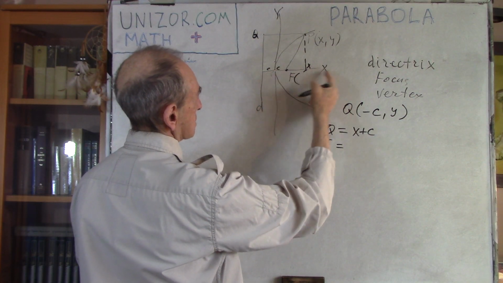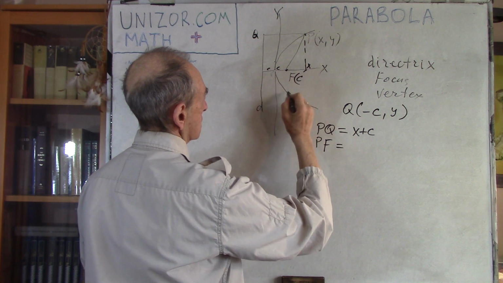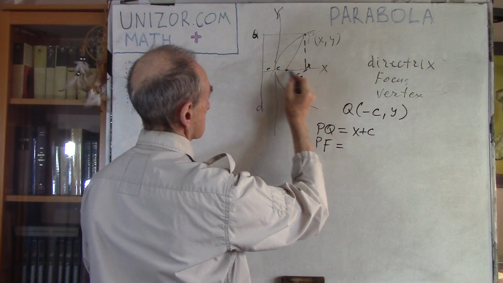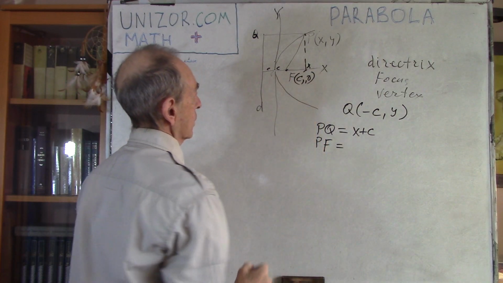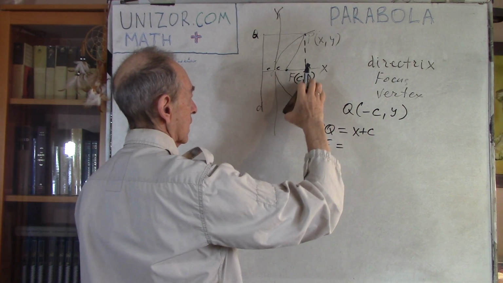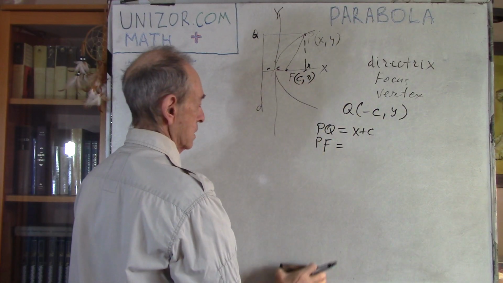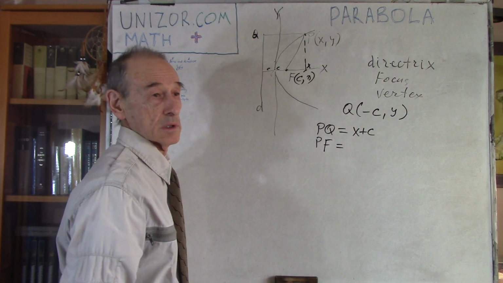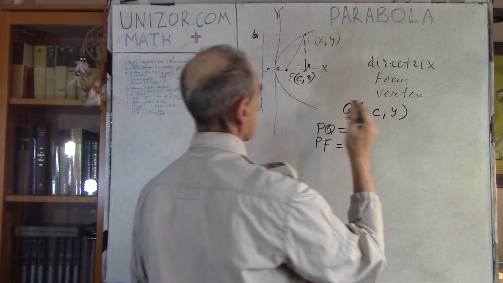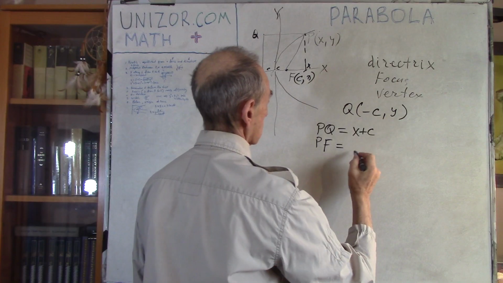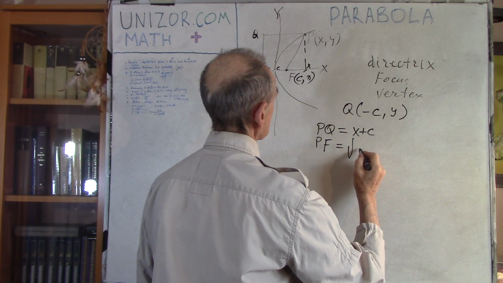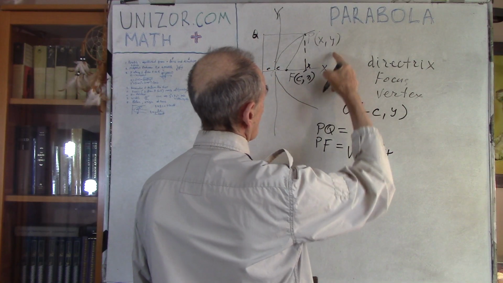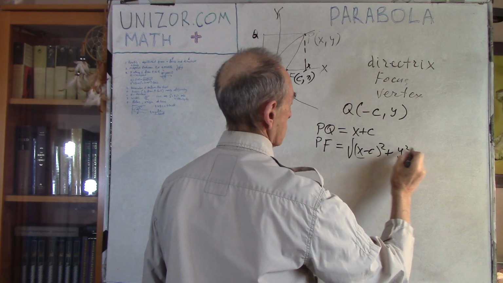C will be the coordinate along the x-axis. The x coordinate would be c, and the y coordinate would be 0 because it's on the x-axis. Okay, so I have coordinates of P and coordinates of F, and now all I have to do is take the square root of the sum of the differences of each coordinate squared. So it's the square root of x minus c squared plus y minus 0 squared, which is y squared.